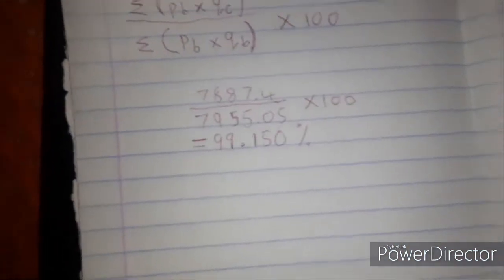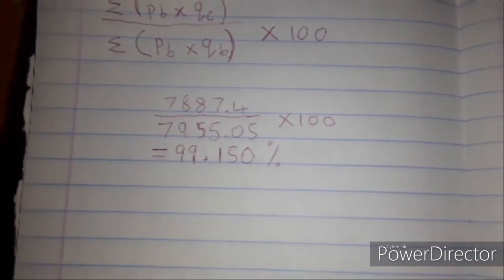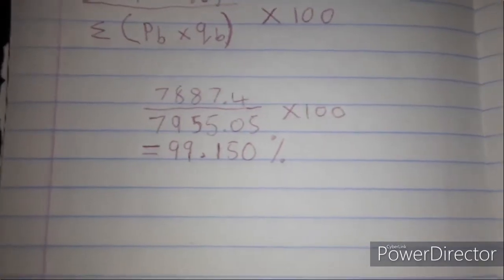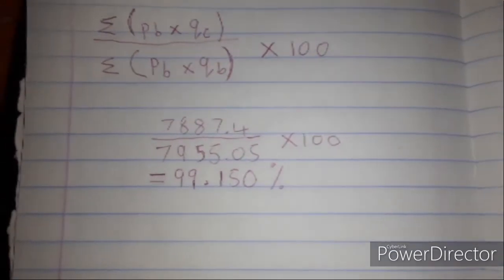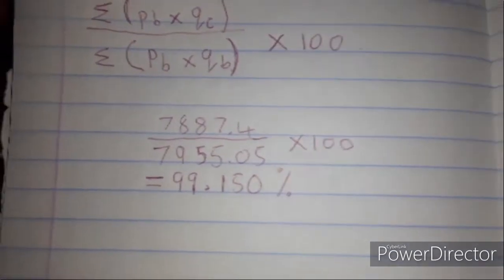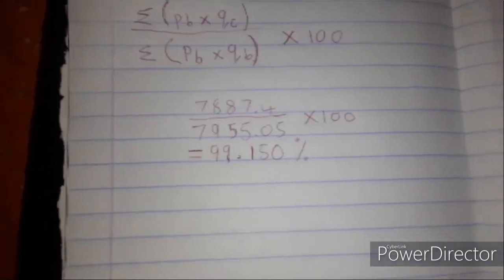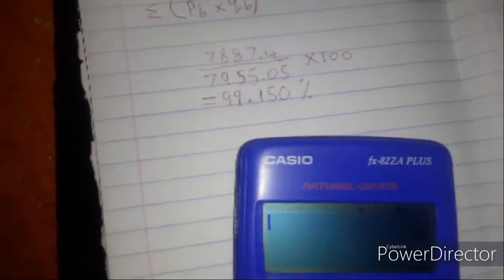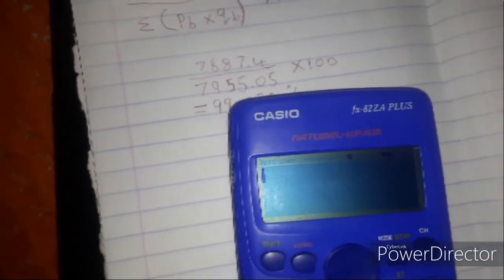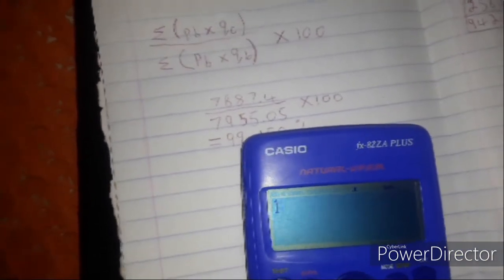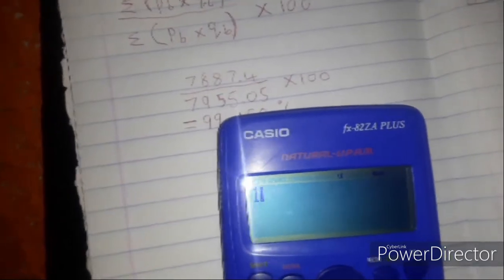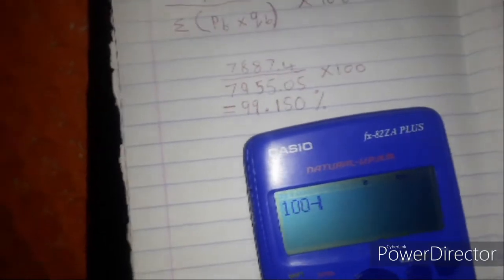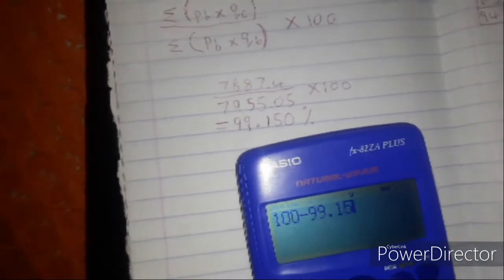So when the percentage is less than 100, which means there was a decrease in the quantity of those products. So we're going to check the difference. So the difference is the decrease: 100 minus 99.150.